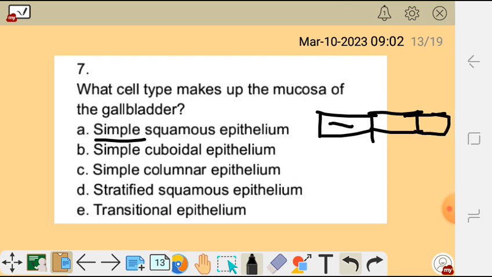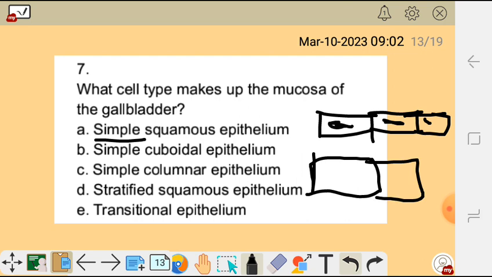They are flat like these ones I've drawn here, and even the nucleus inside there is also flat. Now simple cuboidal, that is, it is made up of a single layer, and the cells are cuboidal, and the nucleus is oval shaped. So we are going to have cells which are in cube-like shape, and then this nucleus is oval shaped inside there.